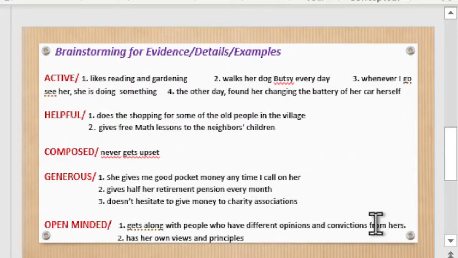She has her own opinions and convictions that are different from other people's, but it doesn't matter. She still respects them and gets along with them just fine. She has her own views and principles. So these two elements and details show that she is an open-minded person.